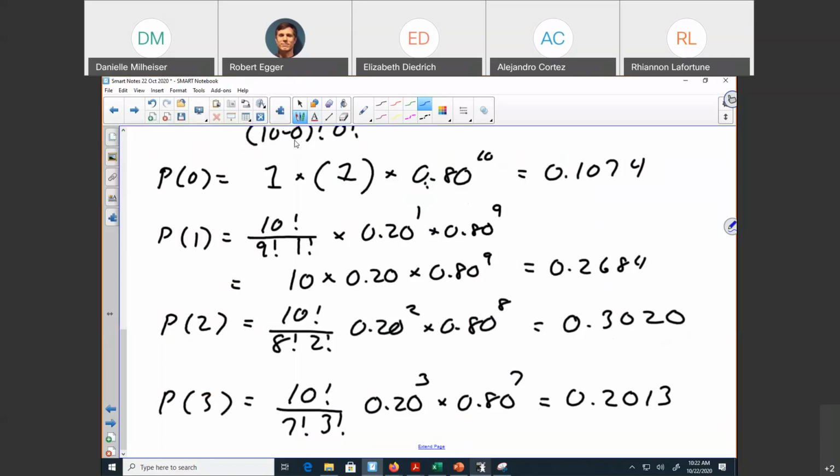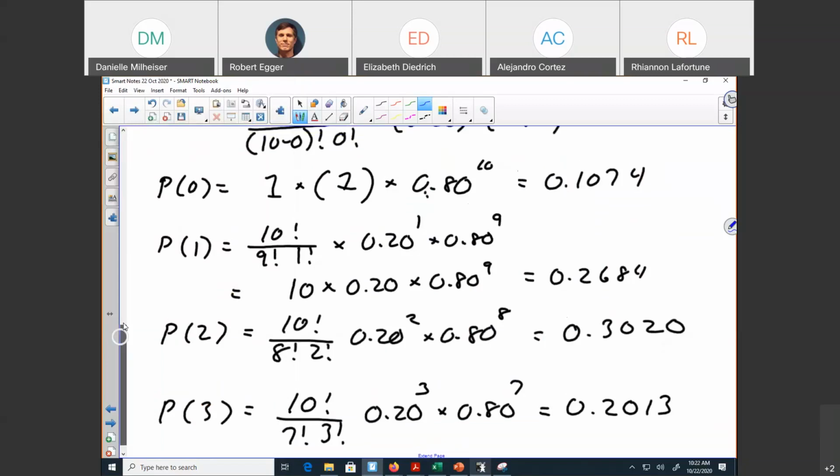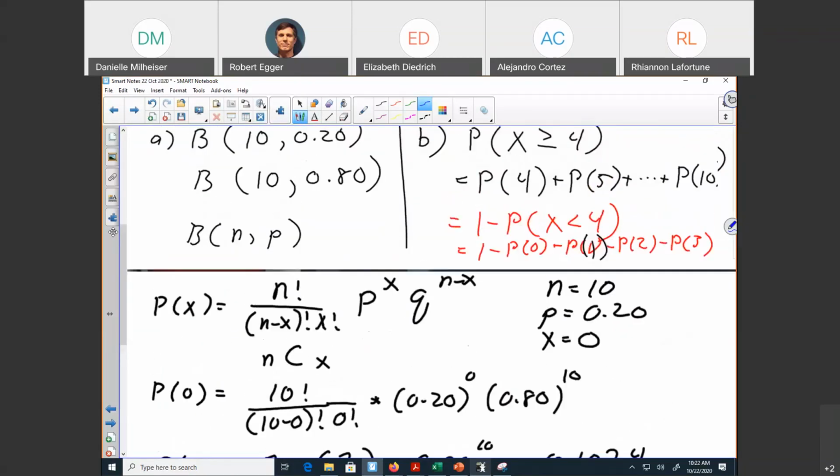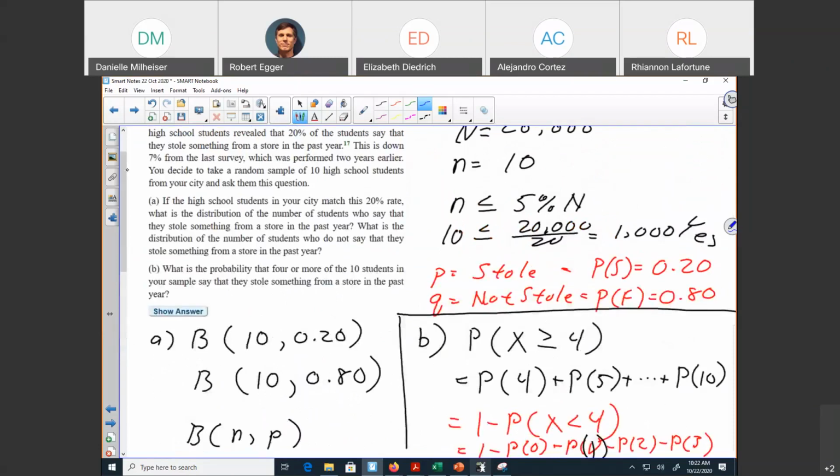All right, so let's finish the problem off. Remember the original question was, what's the probability of having 4 or more of the 10 students say they stole?